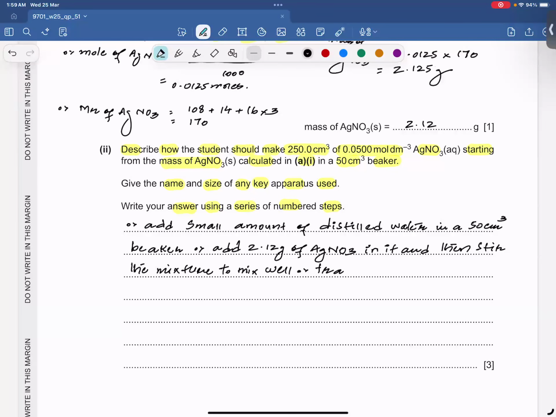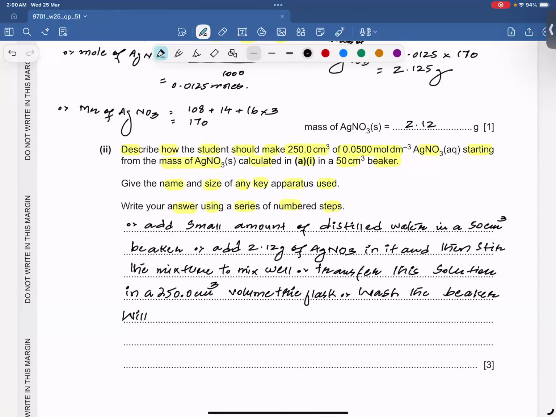Transfer this solution in a 250 cm³ volumetric flask. Wash the beaker with distilled water, and transfer this washing in the volumetric flask.